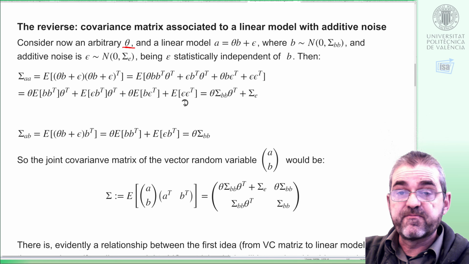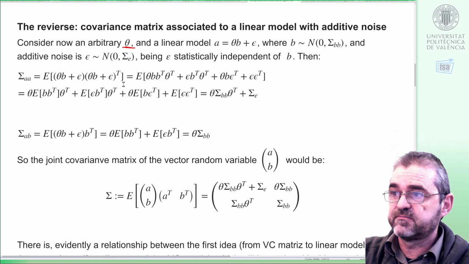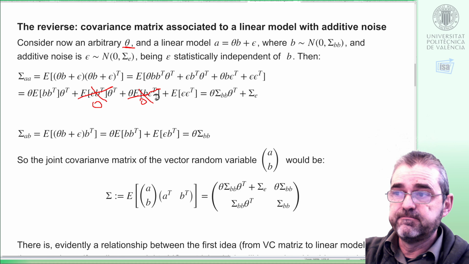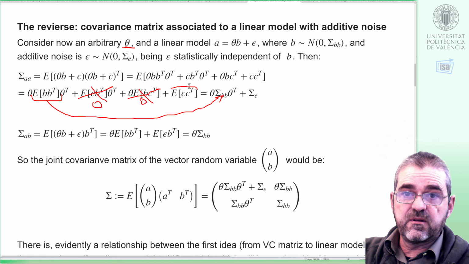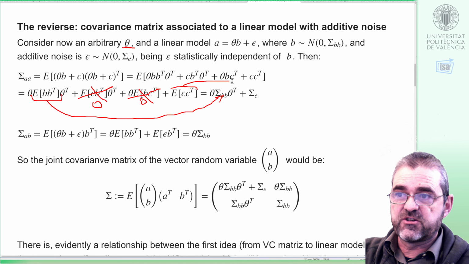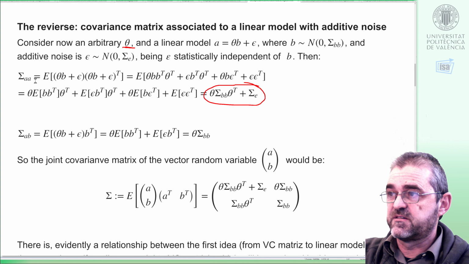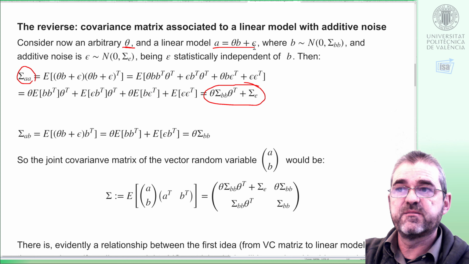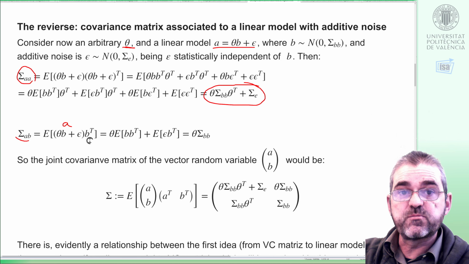Then, if we assume that the additive noise epsilon and B are statistically independent, then they have no correlation, no covariance. So this thing and this thing would amount to 0. And then this is the variance of B. And this last expectation is by definition the variance of this additive noise, sigma E. So this is the variance of A, given by this linear model, and the covariance, the expectation of A B transposed.